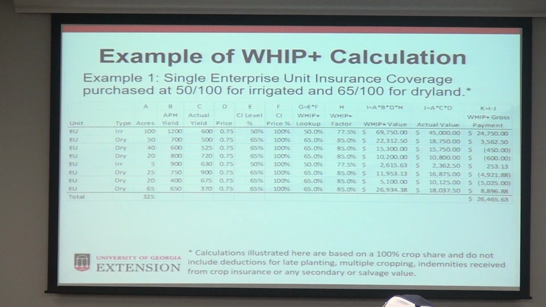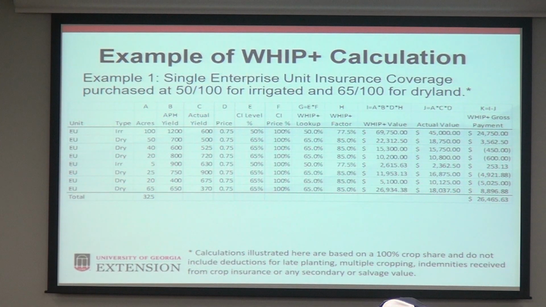In some cases, it was actually a little bit higher. The price that was used there was based on the crop insurance documents, the crop insurance level, 50% or 65%, and then that 100% price was what was elected. That WIP plus lookup value is the crop insurance level, that percentage multiplied by the crop insurance price percent.